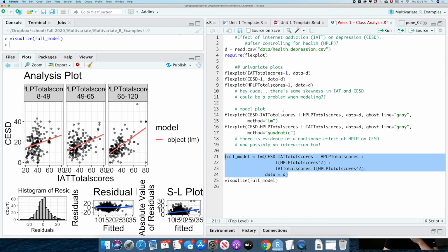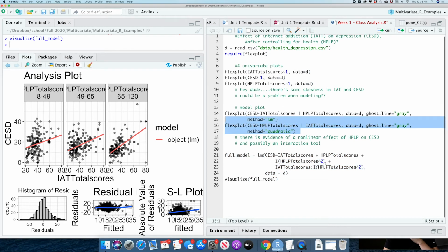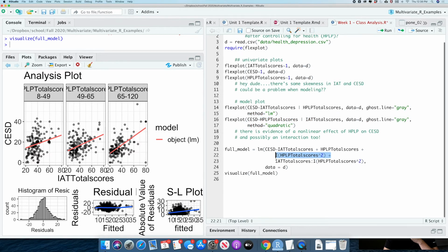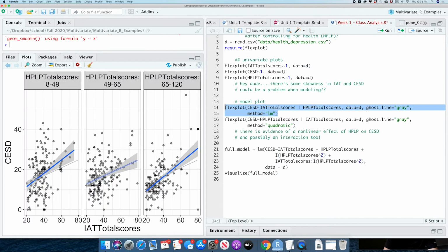Not exactly identical, because FlexPlot in the background will model the interaction with the linear part. And I was seeing this and I thought, what is going wrong with FlexPlot? And one of my students was super brilliant and super wise and realized that, hey, you remember when I plotted this?